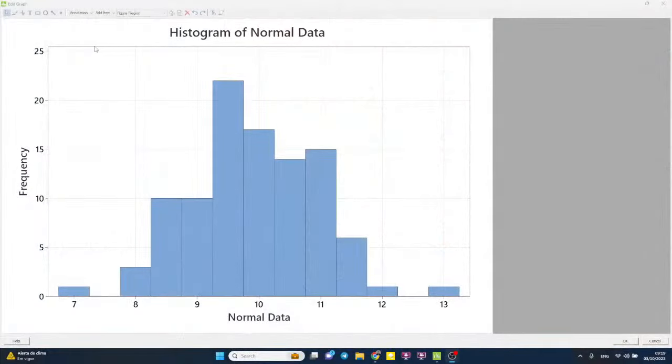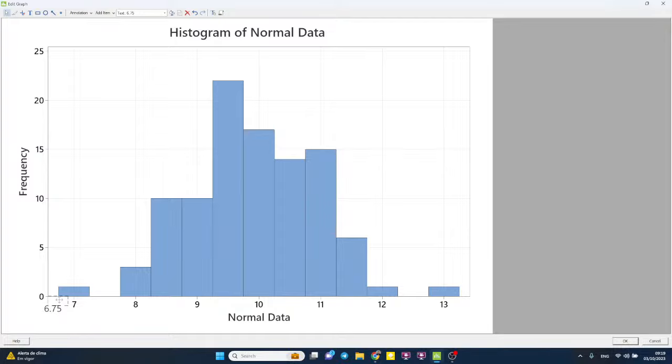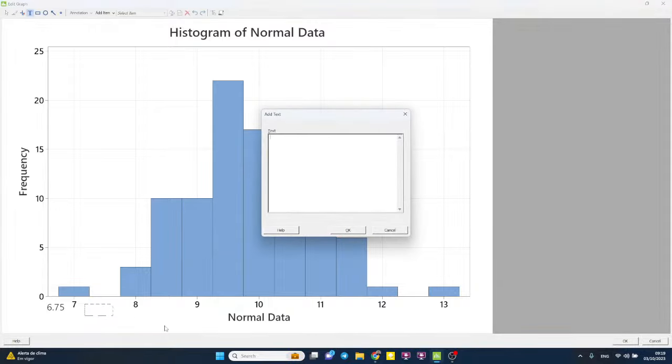It's hard for me because I use this mouse, so it's hard to draw. But I can put a text here. Let me see if it is better. From 6.75 to 7.25.